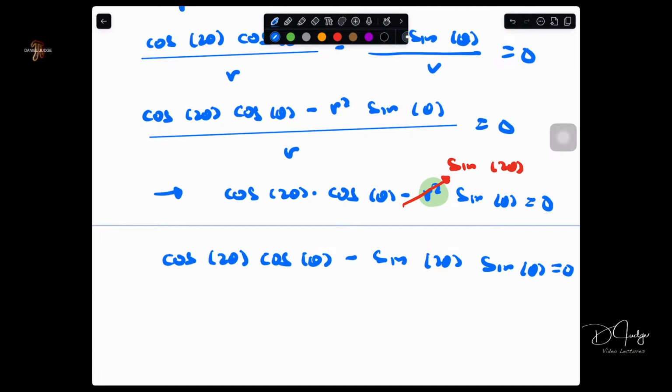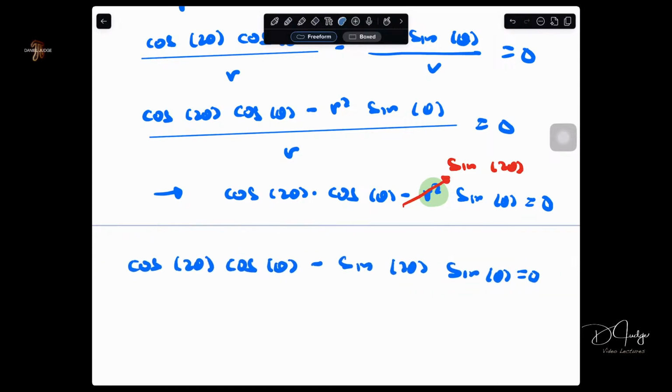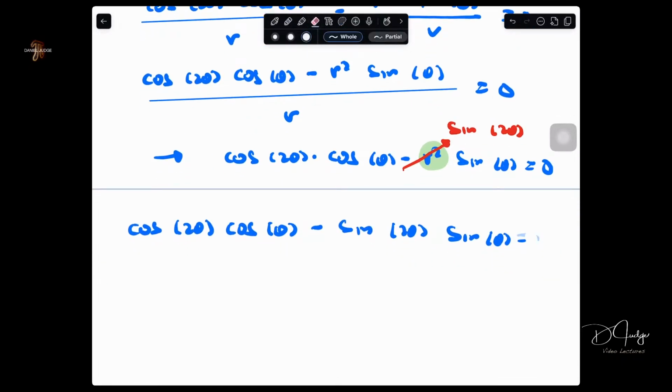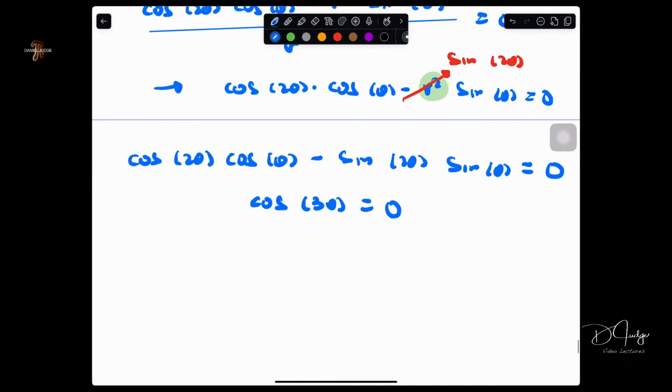Now, by your sum and difference formulas again, this becomes cosine 3 theta equals 0.